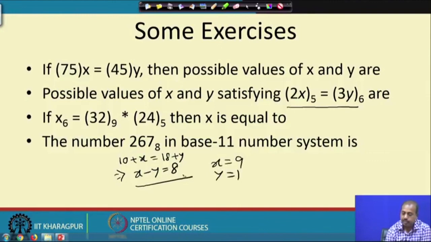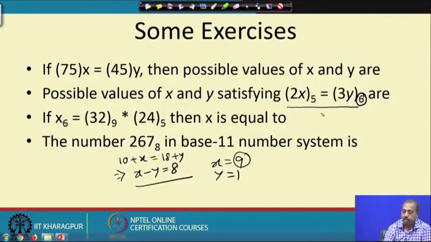So, that satisfies this relationship, but the problem is this one. This y should be less than 6 and this x cannot be 9. So, x has to be less than 5. Naturally, I cannot have any relation that satisfies this particular property.